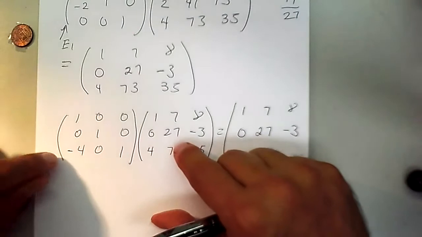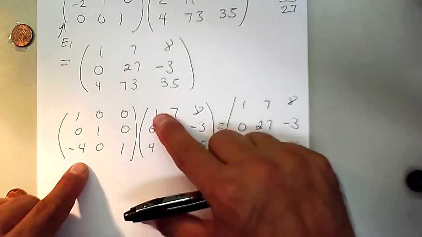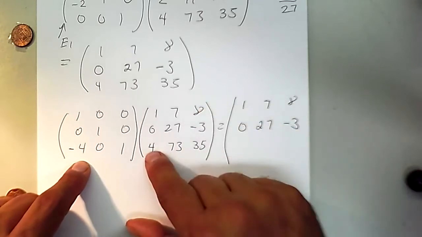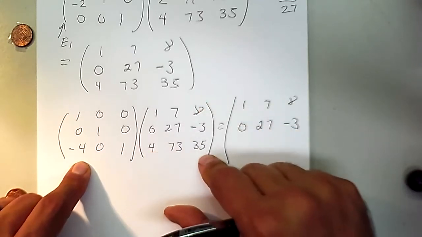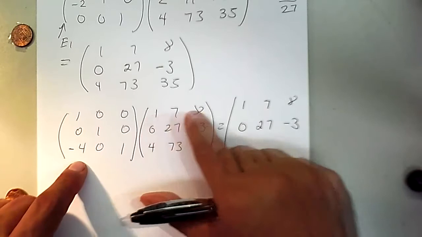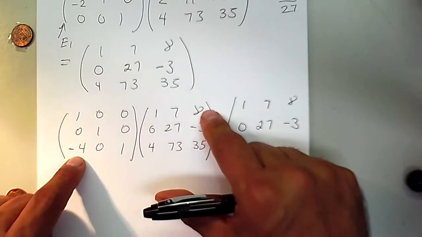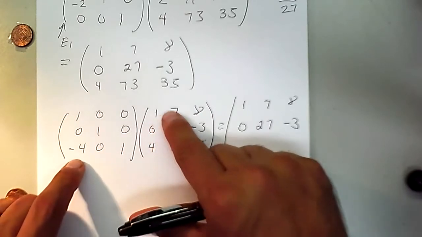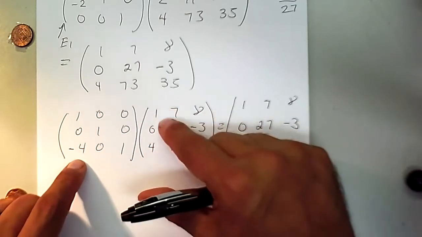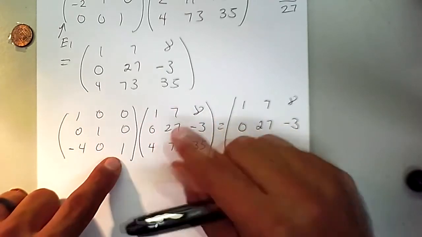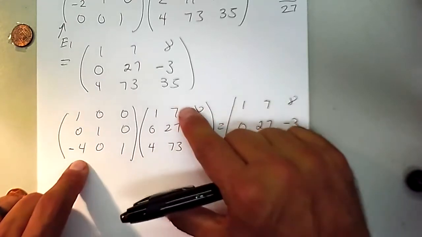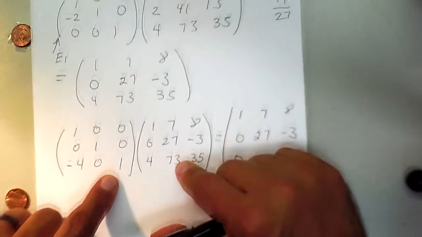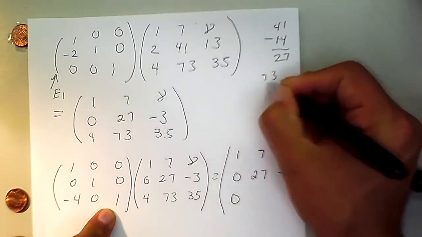Then this row takes the first row and subtracts 4 times of it from the third row. So yeah, this row times -4 plus the bottom row. Okay, so let's do this column by column though. -4 plus 4, 0. -28 plus 73. 73 minus 28.